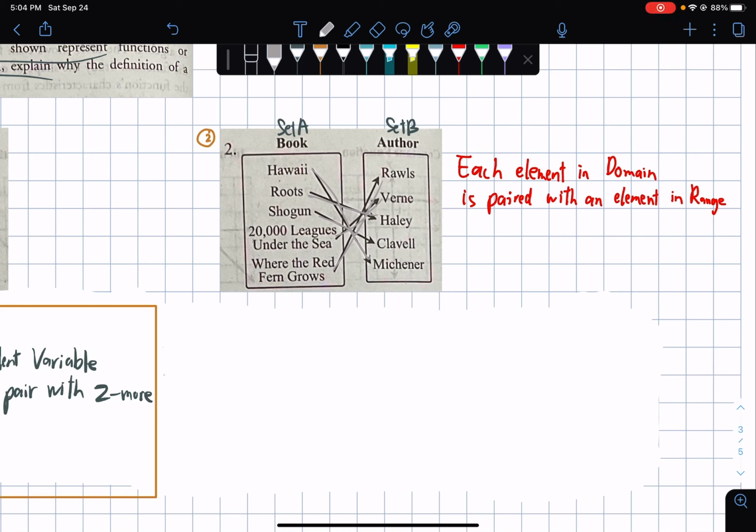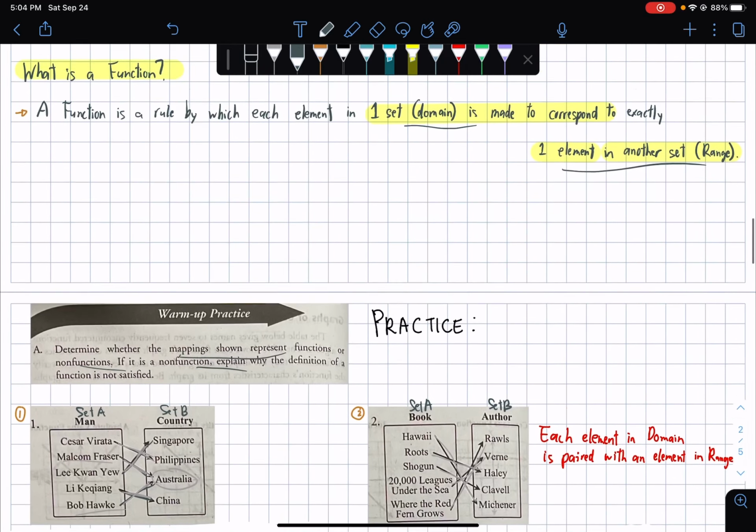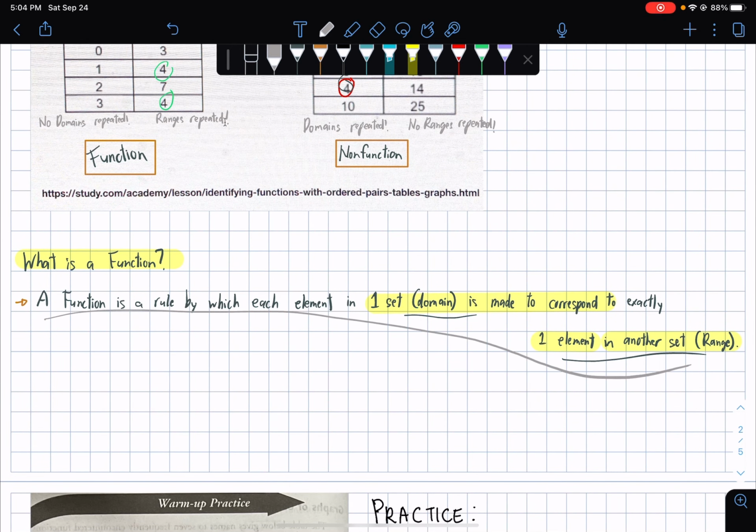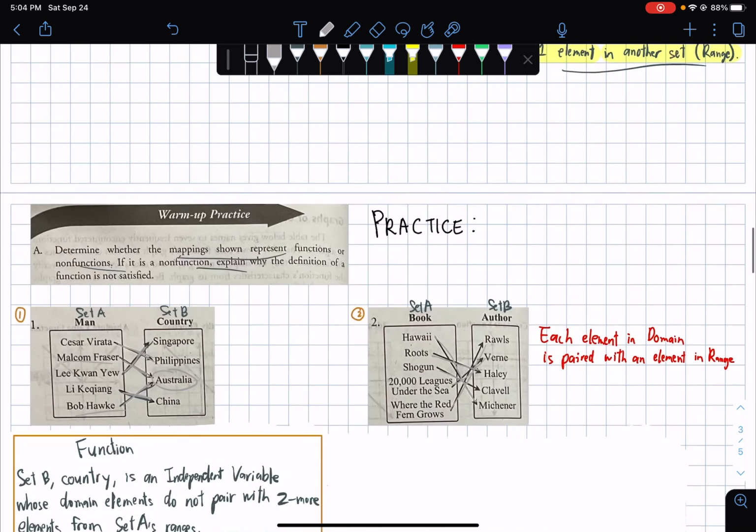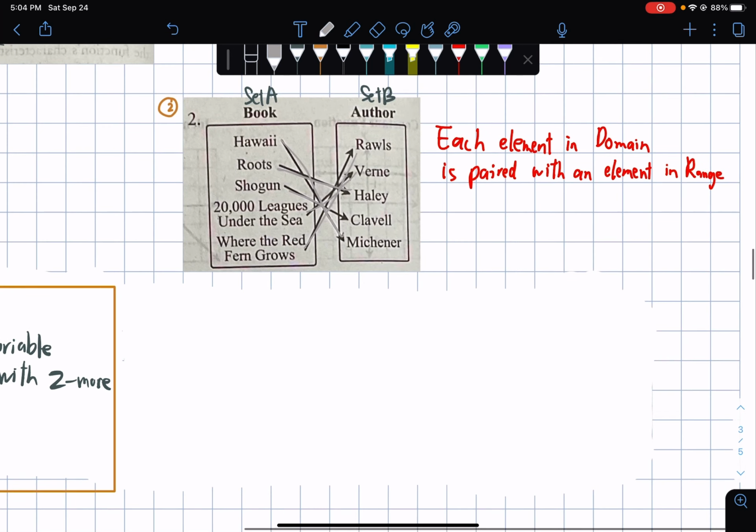So, as you can see here that all domains match with their own range elements altogether. So, number 2 is a perfect definition of what's stated here. One element to one domain, all elements match each other, in a sense that they're committing the opposite of polygamy, which is more, I don't know the word, but then yeah, you marry one person, a husband or a wife, you don't commit polygamy.